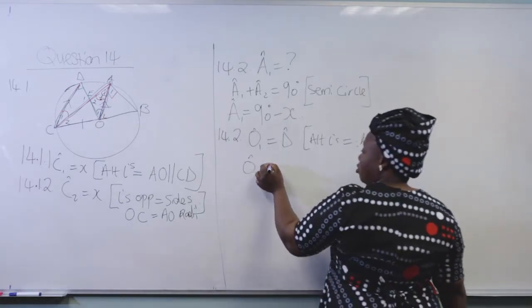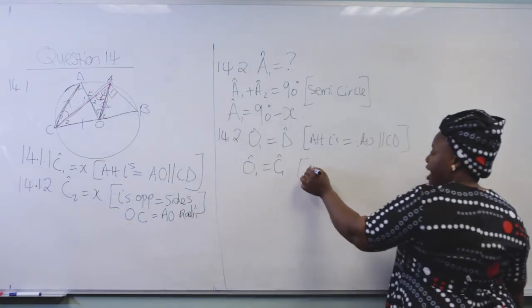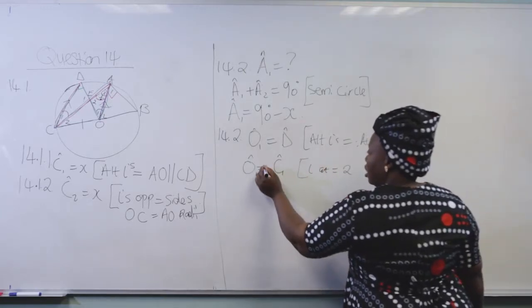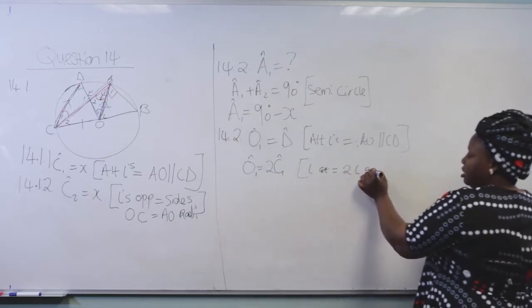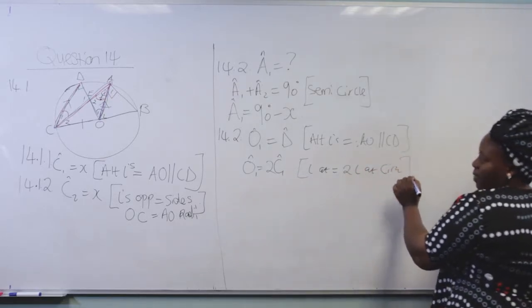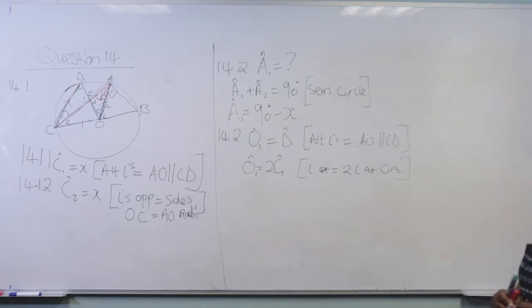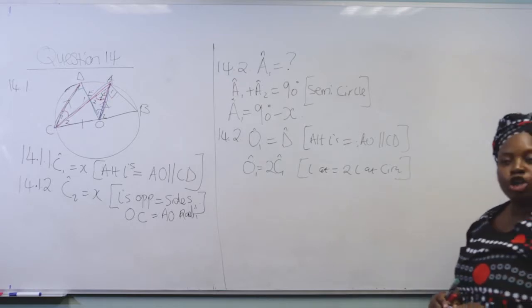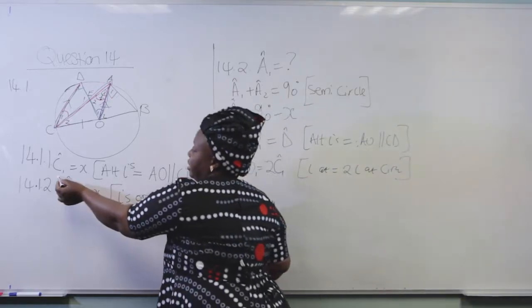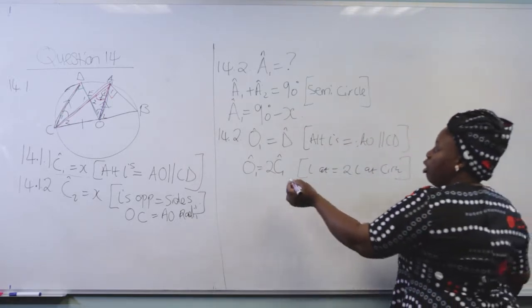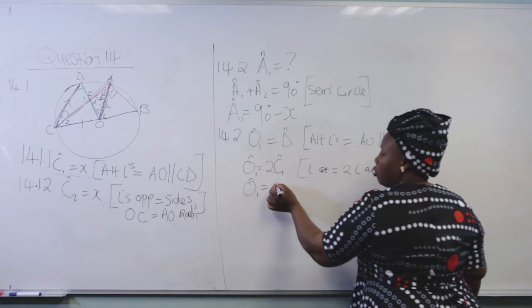So O1 is equal to C1 because of the angle at the center equals twice the angle at the circumference. So angle O1 is equal to 2 angle C1. Now, angle C1 back then, in 14.1.1, we said that it's equal to X because of the alternating angles. Okay, if angle C1 is equal to X, it means that angle O1 is also equal to 2X.